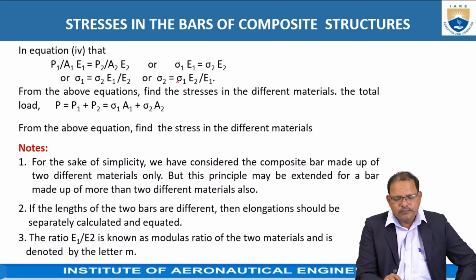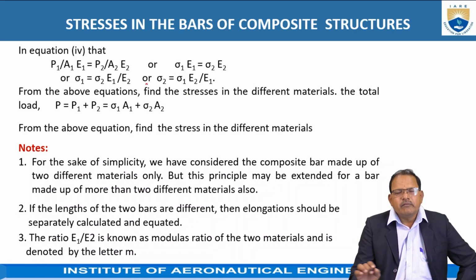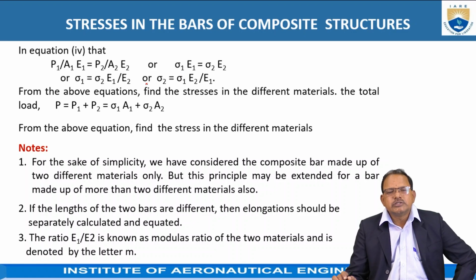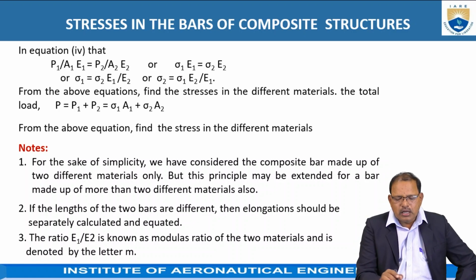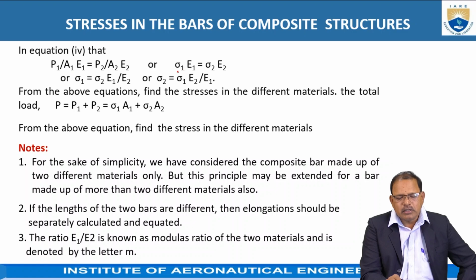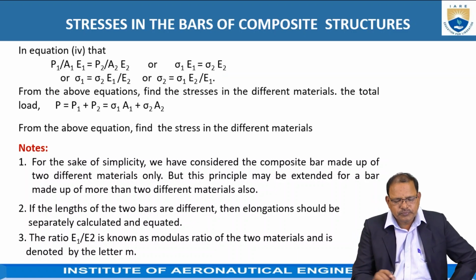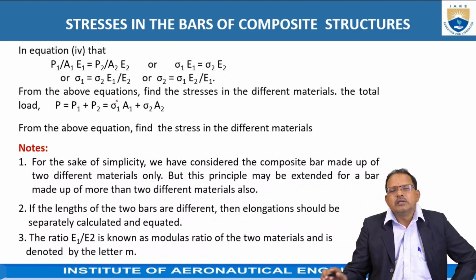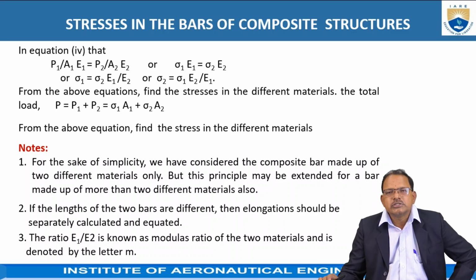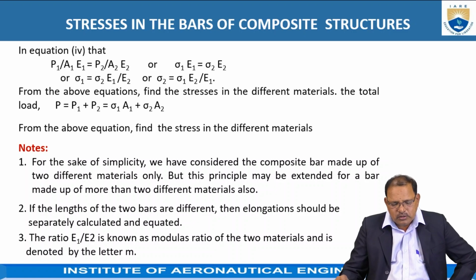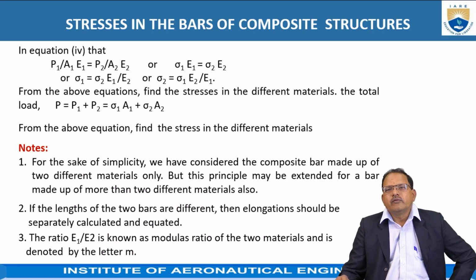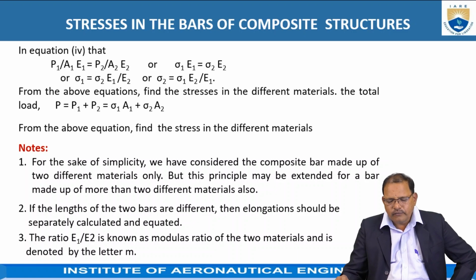In this equation, P1 divided by A1 is the stress produced in bar 1, hence sigma 1 into E1 is equal to sigma 2 E2, and so on. From these relations, we can determine the stresses produced in each bar.